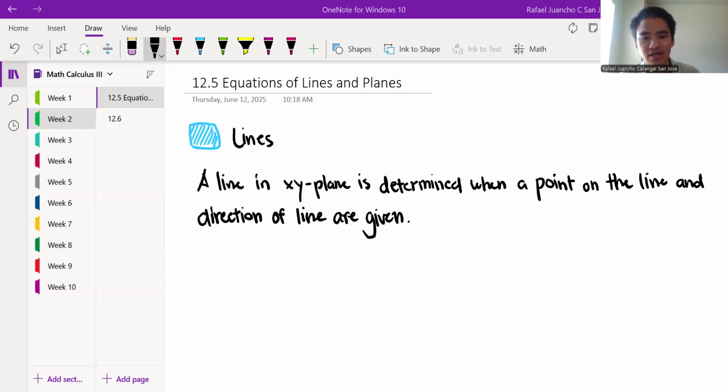Okay, likewise, a line in 3D can be written in point slope form.